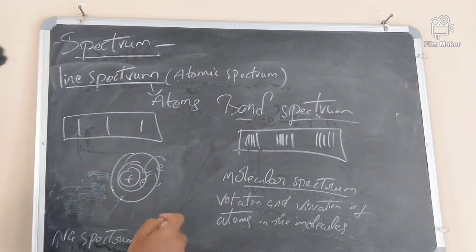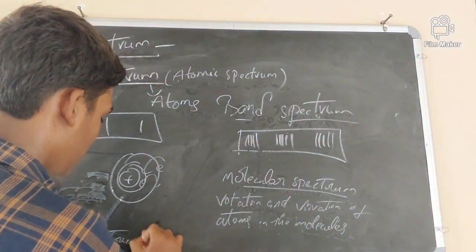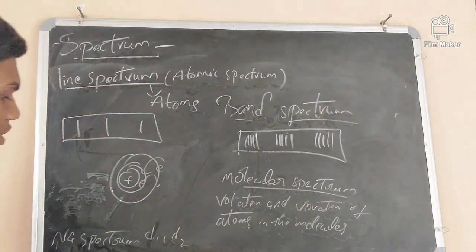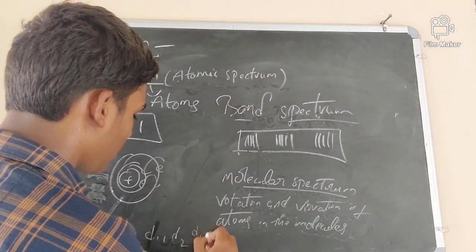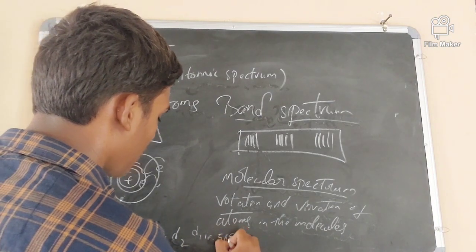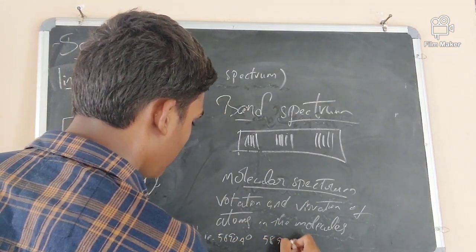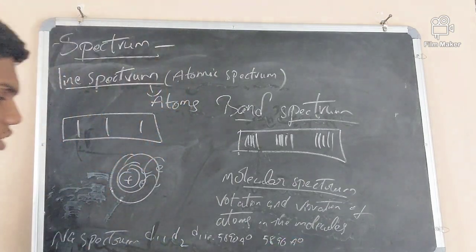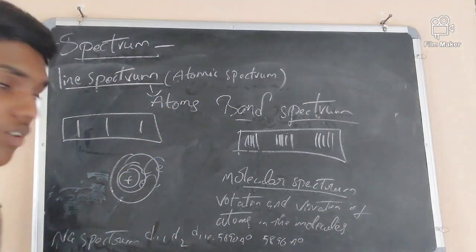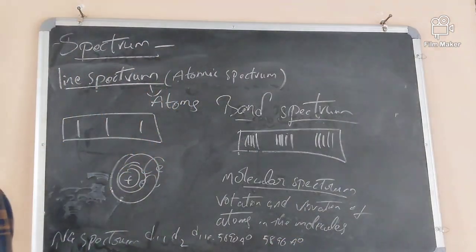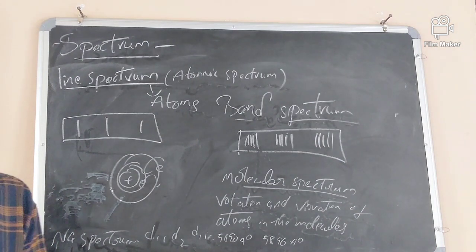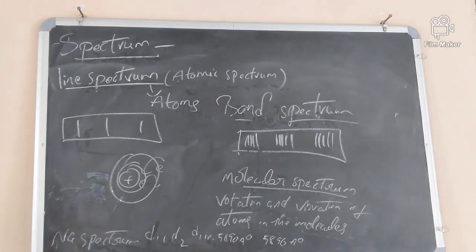They have two different wavelengths, D1 and D2. D1 has a wavelength of 5890 angstroms and D2 has a wavelength of 5896 angstroms. To convert angstrom into energy, use 12,400 by lambda. This is one important small note, helpful for the objective questions.